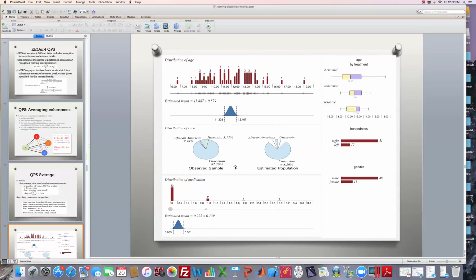So that's that. This is the mean in age, distribution of race, medications again, age by treatment, handedness, and gender. Again, none of these variables were significantly different across all 3 of the groups.